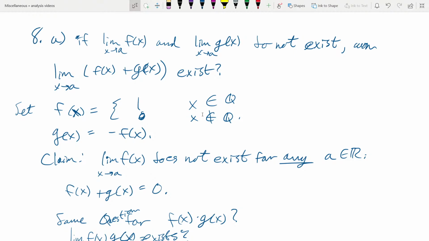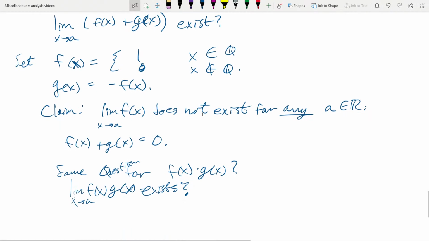It's possible that the limit of a sum will exist, but the limits of the component parts do not exist. It's really important, at least for the sum, that both of these fail to exist. We'll get to that later.